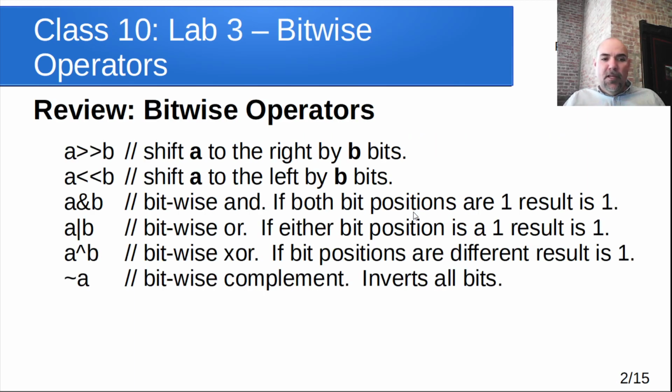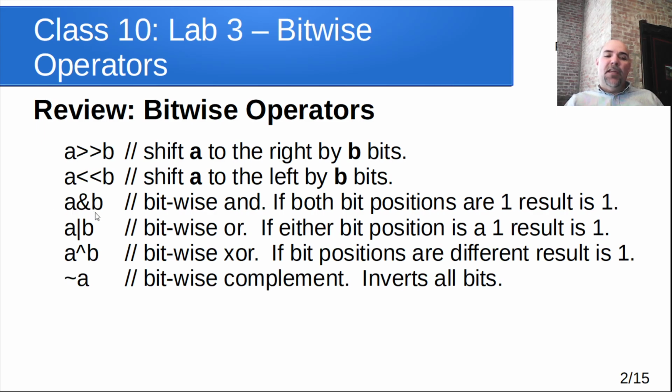All right, so first off, quick review of the bitwise operators that we looked at last time. We had right shift and left shift, which basically take these bits and move them over by this number of positions, but does not modify A if it's a variable. Just like if that was a plus sign, it doesn't change this. We're just taking that bit pattern, moving it over, and giving that as the result. It's evaluating as A as if it were shifted left or right by this number of bits. Same thing with left.